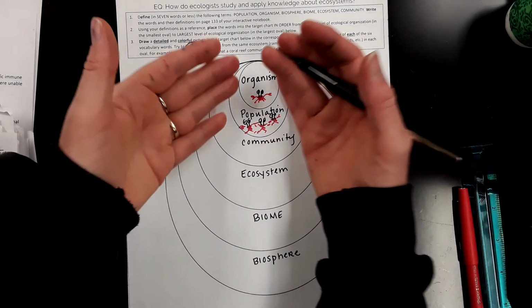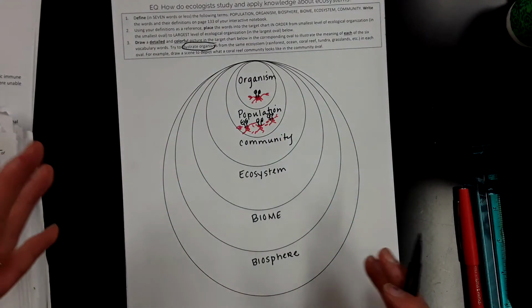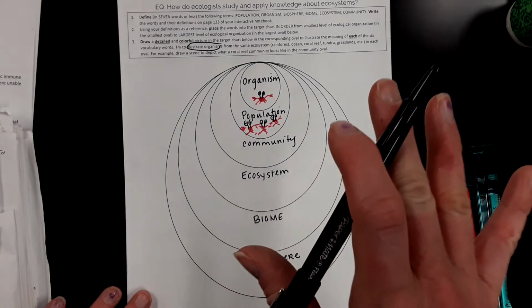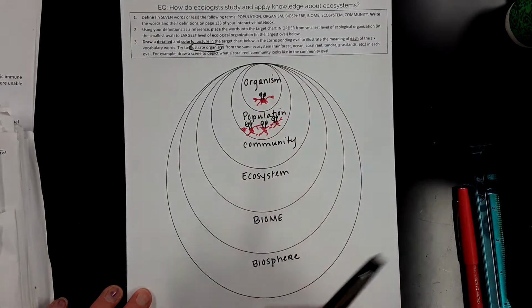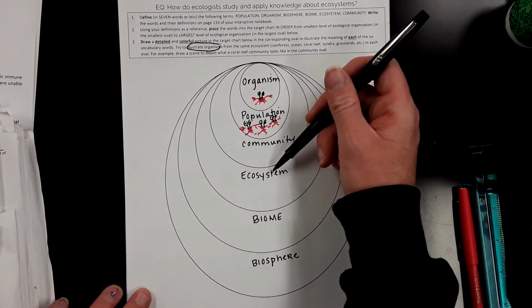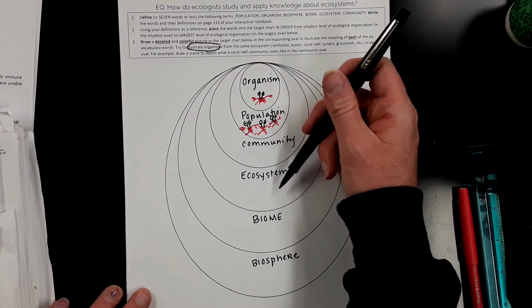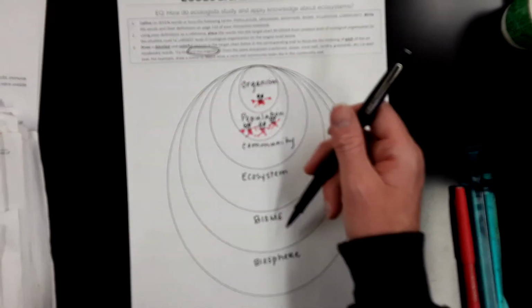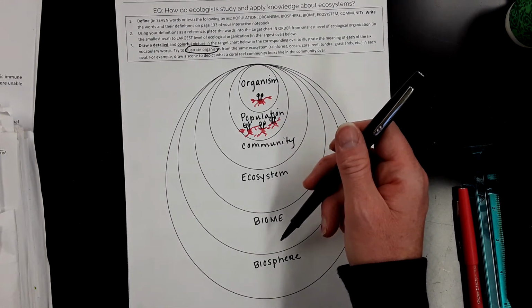So you want to work from the bottom and make your way up to the biosphere, which will be all of Earth. You want to illustrate something of your choice. So the ecosystem might include the water and the ocean and the sunshine. The biome could be all of the saltwater ecosystems.